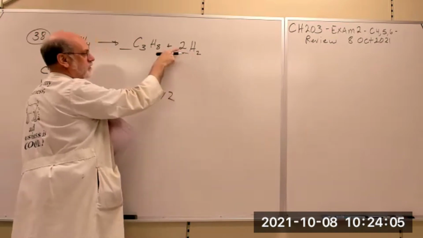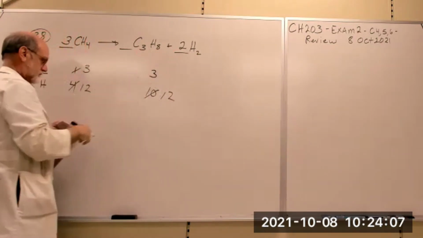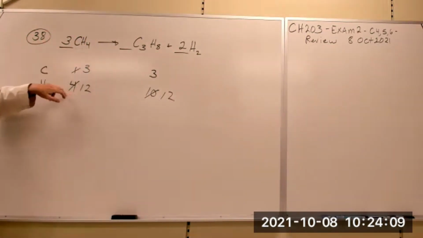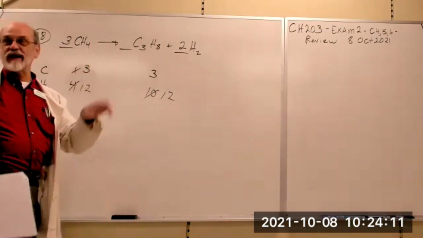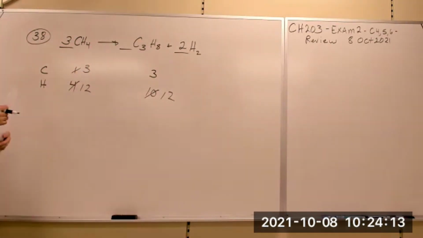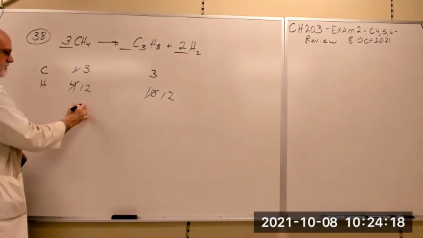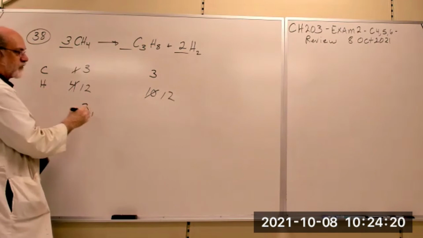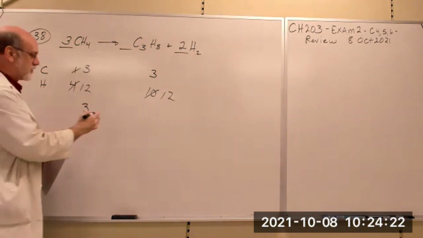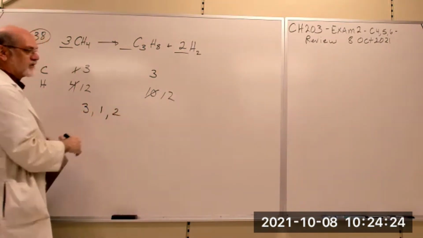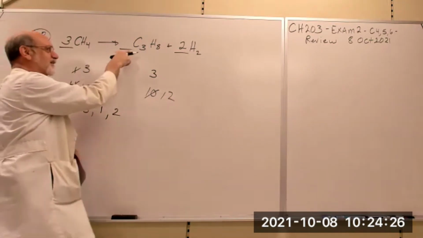Let's see if it works. 4 there plus 8 is 12. Okay. This is 3 times 4 is 12. 3 carbons, so we're balanced. All right, now what are the coefficients? 3 and what? 3, 1, and 2. Don't forget this one.